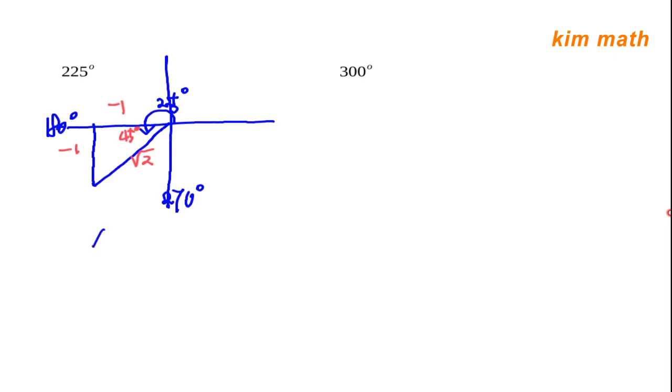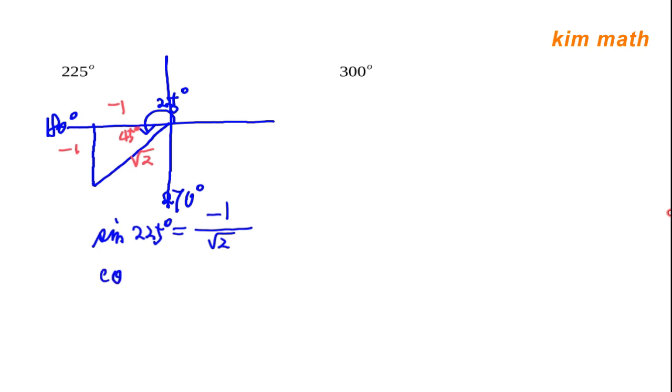But hypotenuse is always positive. So what is the sine 225 degree? You can simply use this picture to find the sine to 25 degree. Okay, y over r is okay. I just copy some number from the picture.